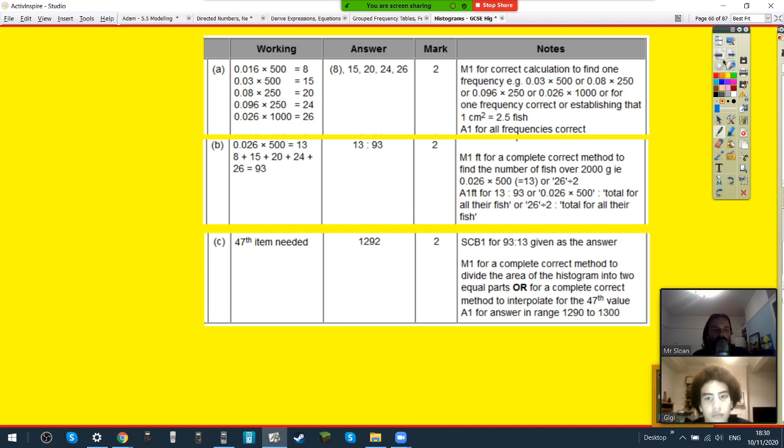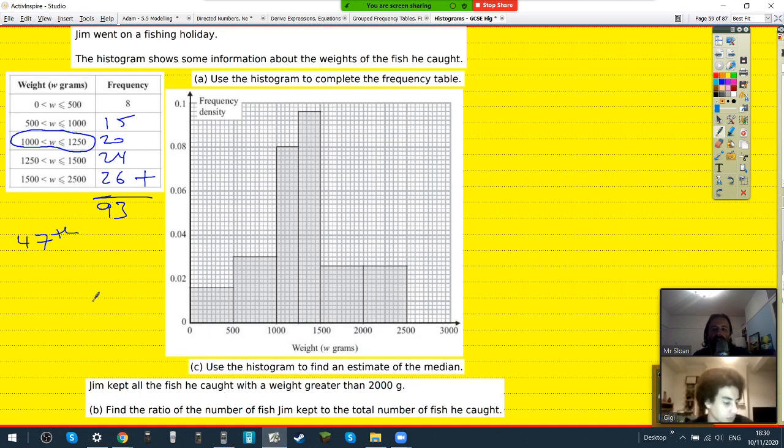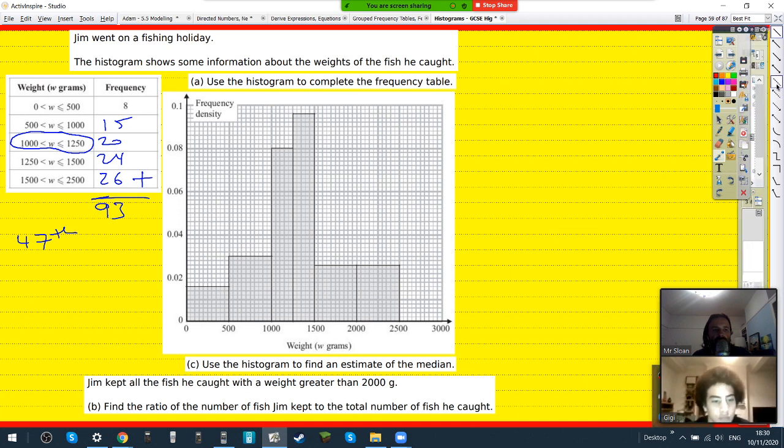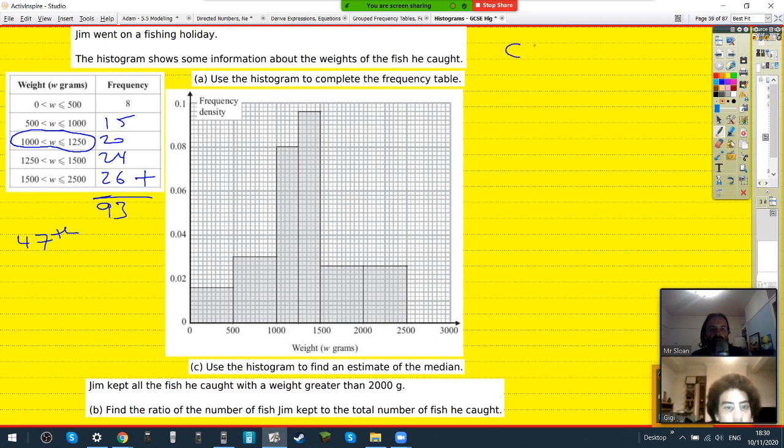So it's interpolation. How many was it before that, up to that group? Like cumulative frequency. We had 8, 23, 43.